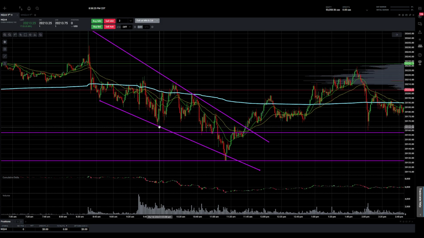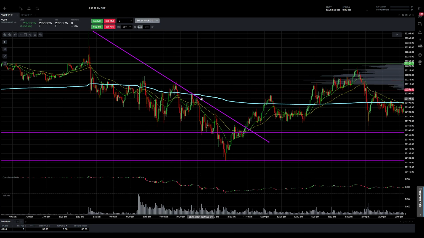The support didn't matter as much in my opinion, but on the larger time frame we had a breakout of that support level, the EMAs were curling to the upside, and we had the break of the downtrend. This was probably one of the best areas of opportunity to go long, just because of this reversal alone.